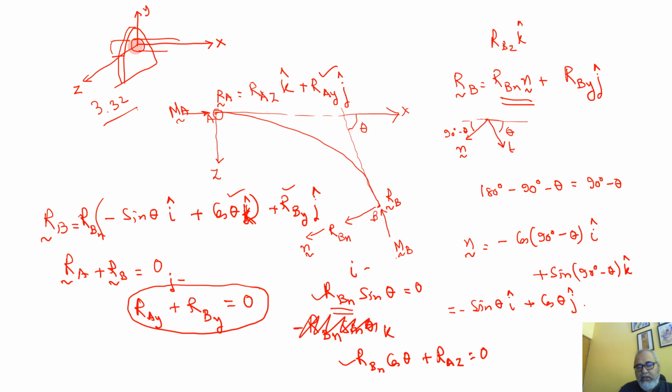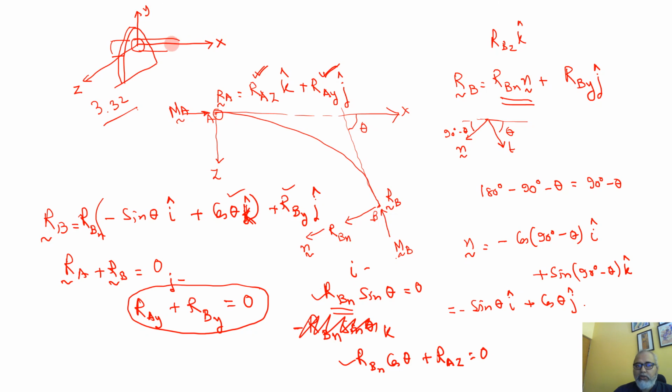Now I have told you that the reaction forces and moments have to be applied in directions in which the displacement is restricted. So what this support does is it does not allow this point in the shaft to move either in the Z direction or in the Y direction, and that's why we need a reaction force along the Z direction and a reaction force along the Y direction.